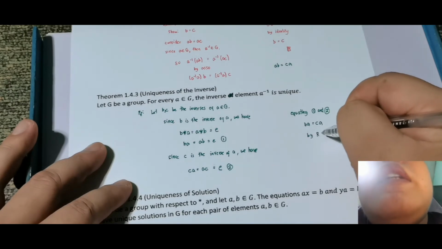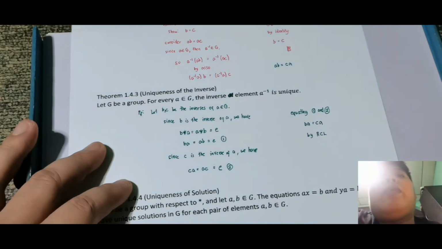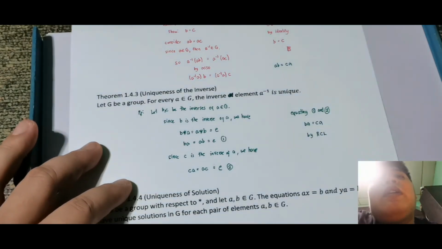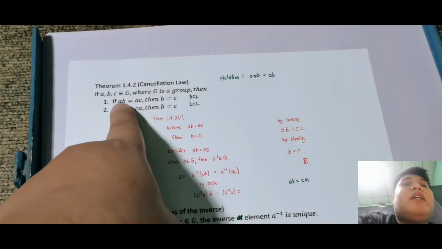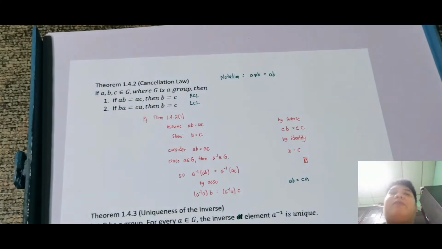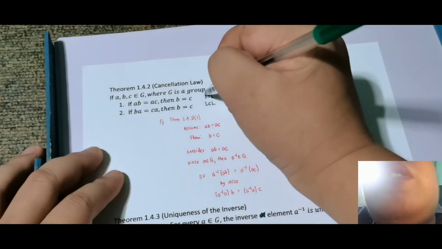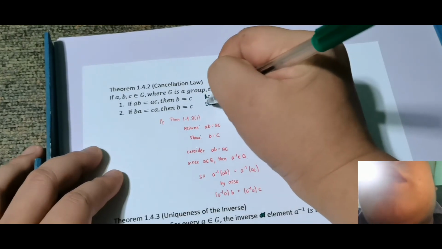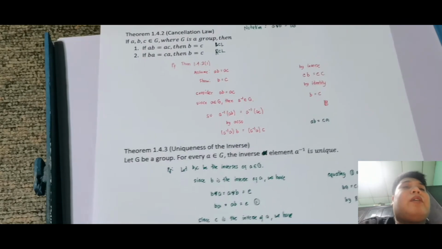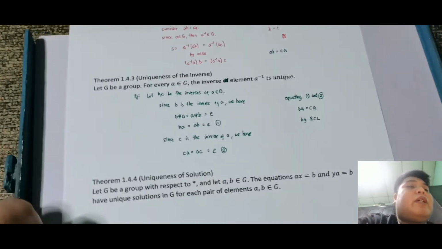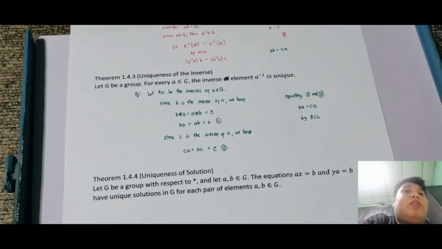By right cancellation law, tama ba? By RCL. So by RCL, so baliktad yata ako kanina. So yun, tama, baliktad si sir. Ito ay LCL. So kasi sa left, nabobo ko sa positioning. So ito ay LCL, ito ay RCL. Buti na tama na siya. So hoping na mabantayan mo yung sinabi ko dito.